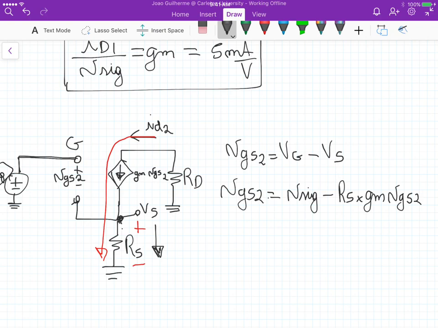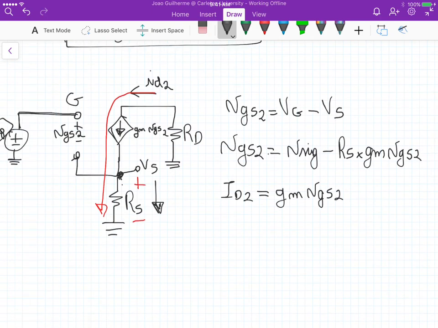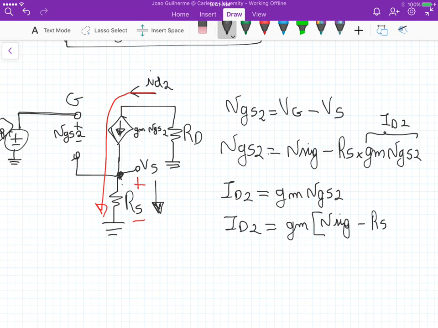And this ID2 is equal to gm times VGS2, which is equal to gm times this signal minus RS times ID2.